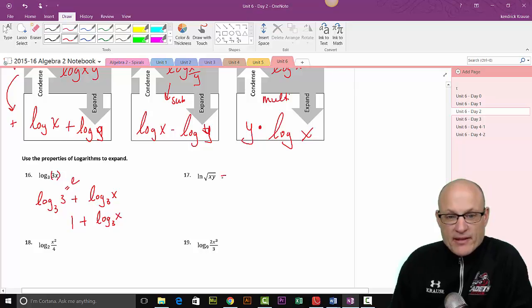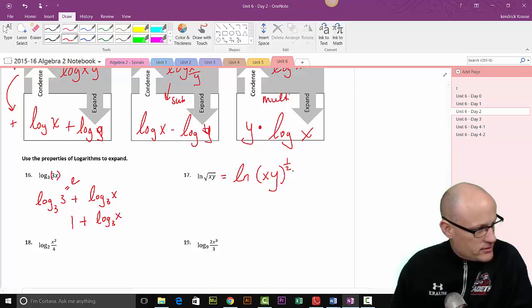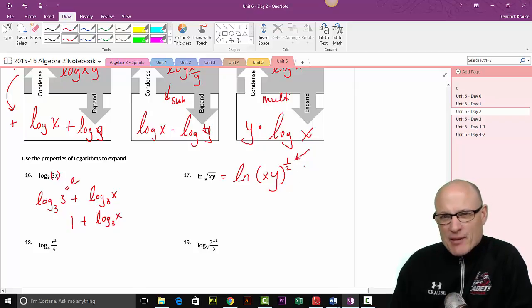We're going to expand this. Now, the first thing I've got to do is rewrite this. So this is the natural log of x y to the 1/2 power. Hopefully by the time you get to this, I will have talked about the fact that the square root is the same as a 1/2 power.